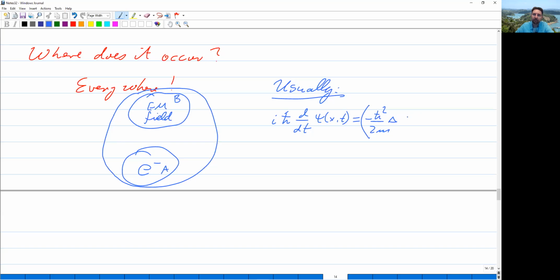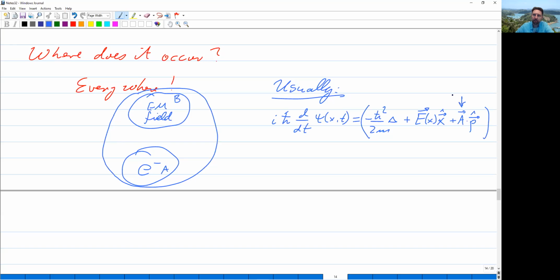And then we would write down plus something like the electric field of x times the position operator vector, and then maybe plus some magnetic field potential A dot the momentum operator vector p hat.